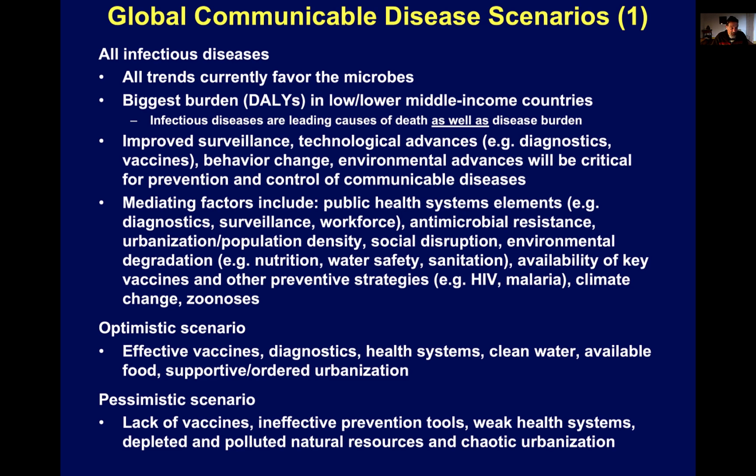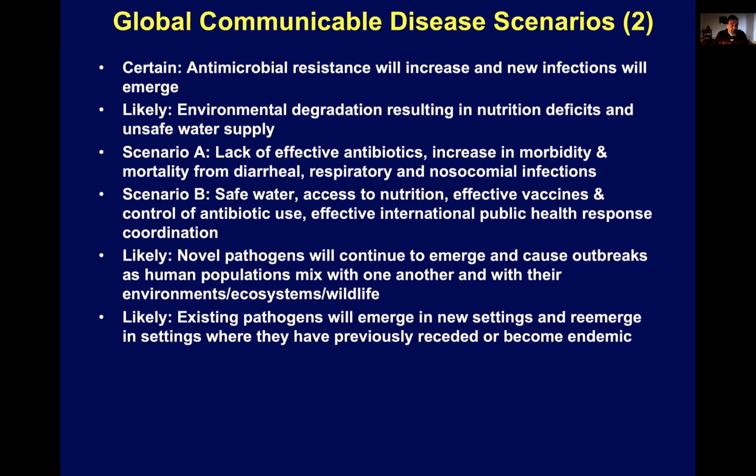And a pessimistic scenario might be one where there are relative lack of vaccines, poor prevention tools, weaker health systems, and depleted and polluted natural resources and chaotic urbanization. But a few things are certain and some likely, and certainly we're going to see increases in antimicrobial resistance, and new infections will continue to emerge, like we're seeing with the SARS-CoV-2 pandemic.